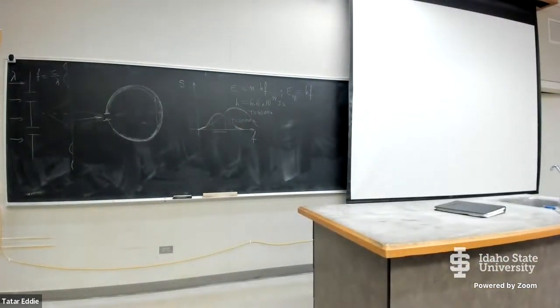You're still going to have some photons in the visible part of the spectrum, but you're also going to have larger number of photons in X-ray part of the spectrum and higher frequencies.